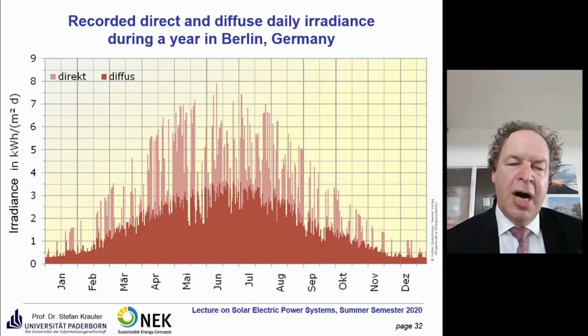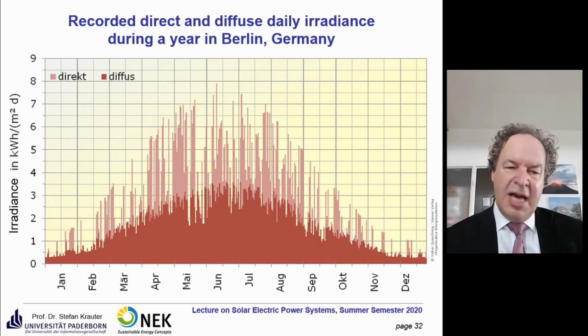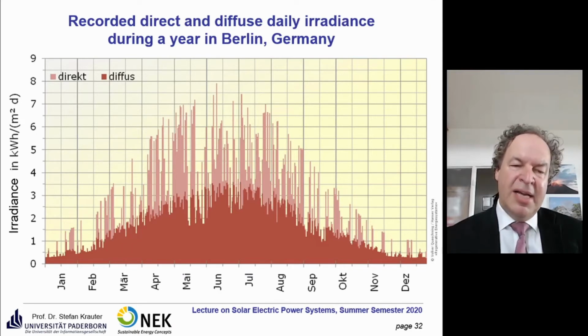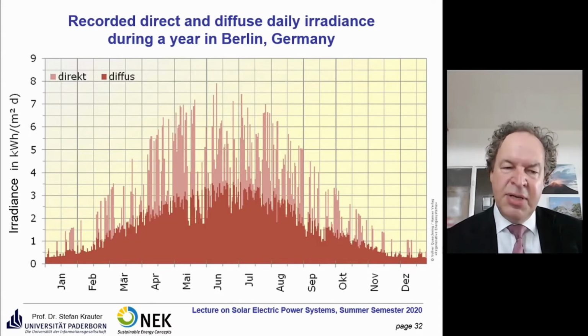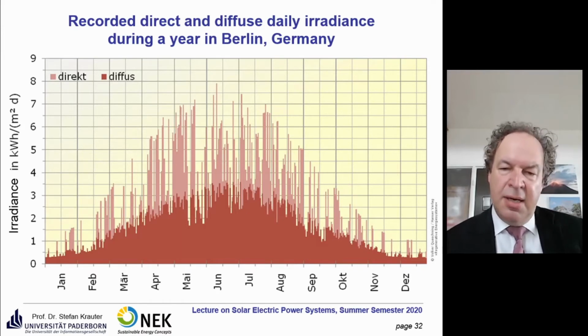So if we want to have a year-round power supply by photovoltaics, we either have to have very large solar power plants, or we have to store the energy from summer, which is about 6 times higher than in winter, or even more depending on the day. You see, in wintertime we almost exclusively have diffuse irradiance. For Paderborn, it's a bit better, so irradiance in winter is a bit more.